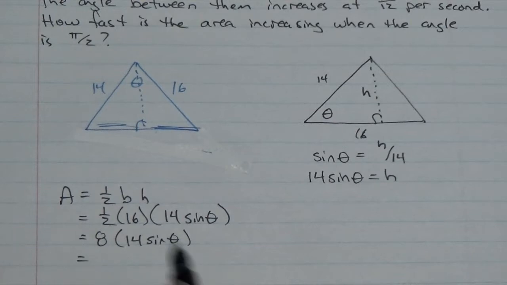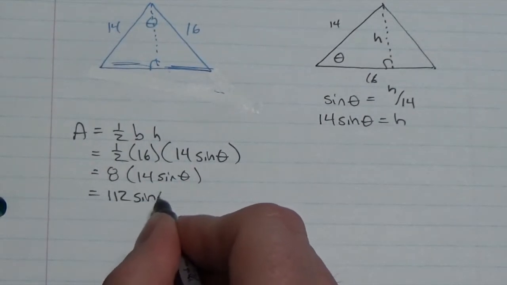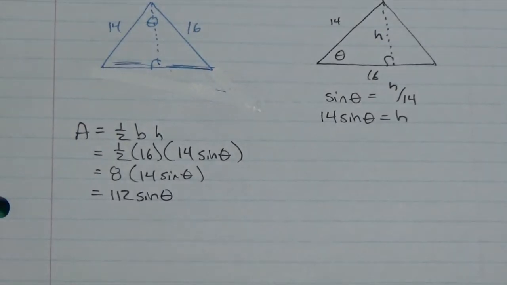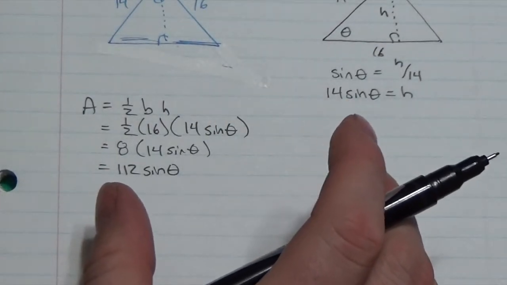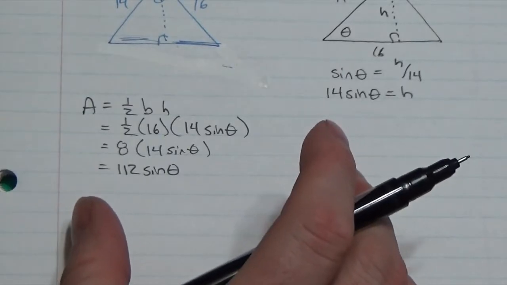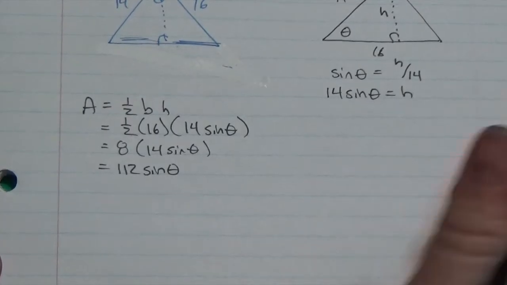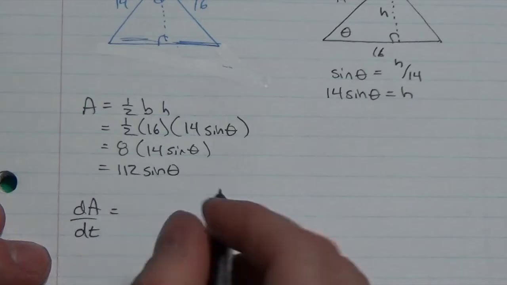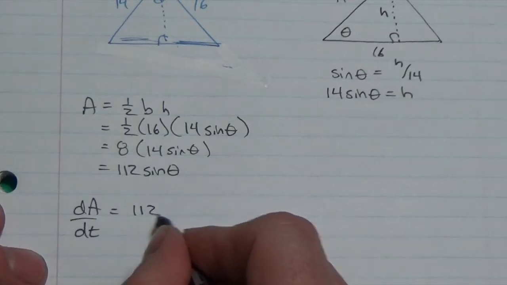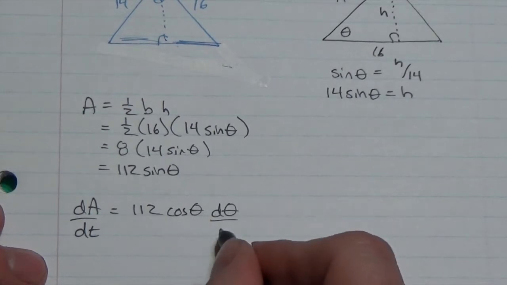Putting that all together, that is 112 sine of theta. Now let's take the derivative, because that's what we're trying to do. I'm trying to find how fast the area is increasing when the angle is pi over 2. So d theta by dt is exactly what I'm looking for. That is going to equal 112 cosine of theta d theta by dt.